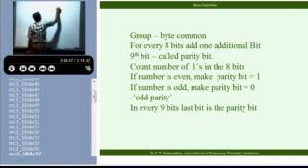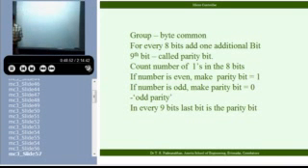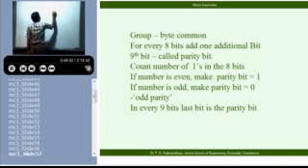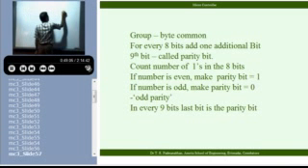For every group of 8 bits, you add 1 bit. That gives you groups of 9 bits.